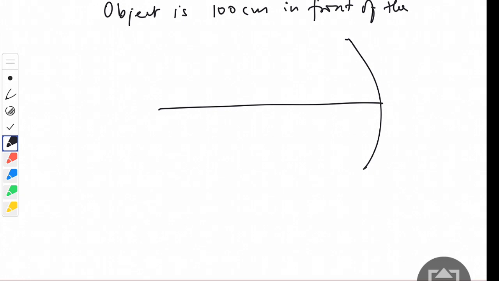Okay. So now let's get some pace. Okay. So object is 100 centimeters in front of the mirror.